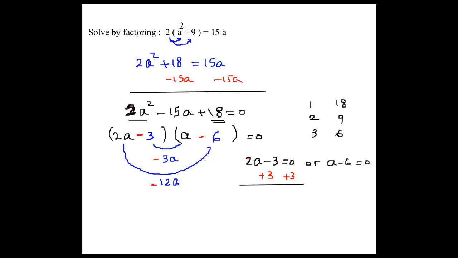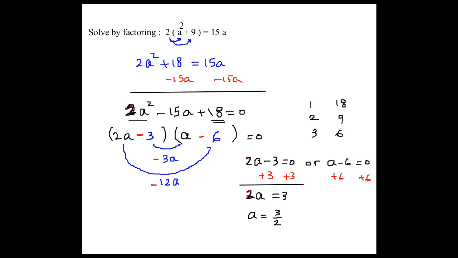And then you equal the 2a to the 3. And then a equals 3 over 2. And then on the other side, you add the 6 to both sides, and a equals 6.